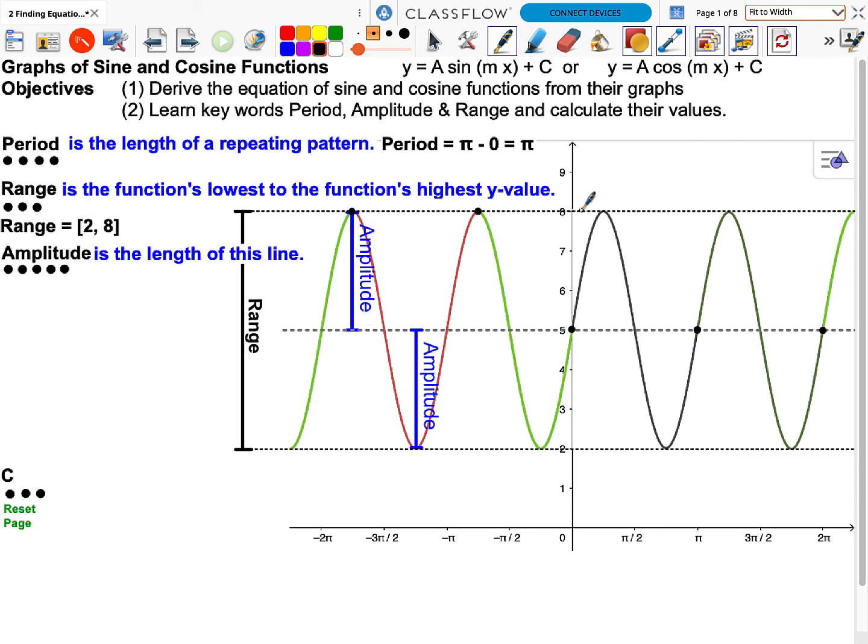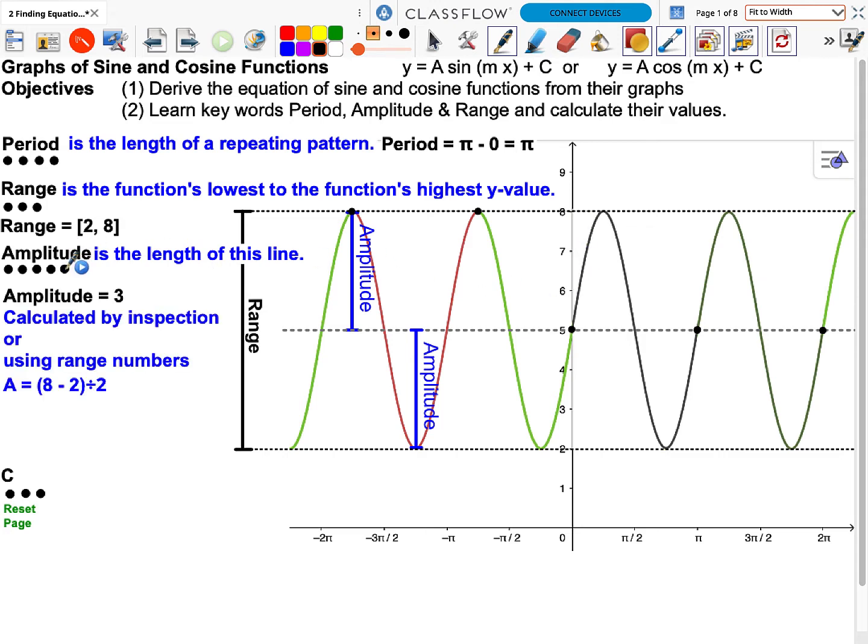And so the length of this line, we can just do it from the graph, is 1 unit, 2 units, 3 units. So we've got the length is equal to 3 units. You can also see that 2 amplitudes is equal to the length of the range in this particular case. So the length of this range is going to be 8 minus 2, which is 6. You divide that answer by 2 and you'll get 3.